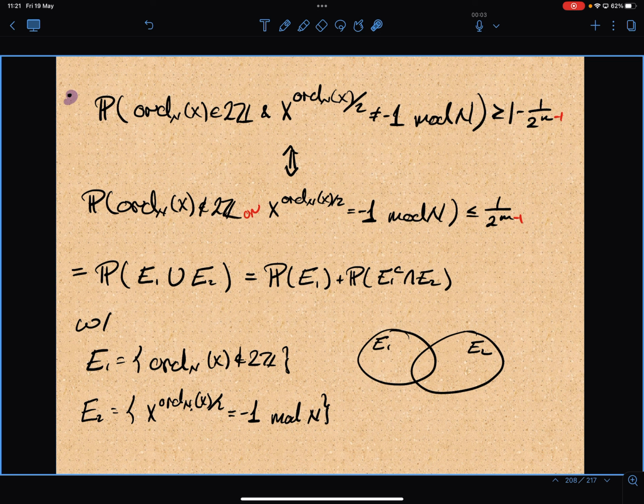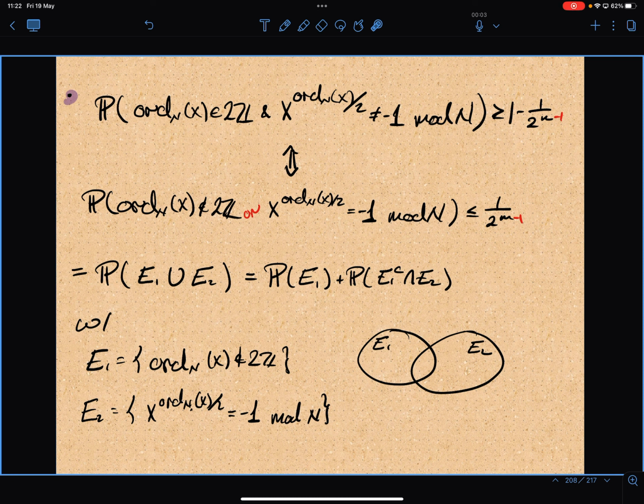So I have that E1 is equal to this event, and E2 is equal to this event. More precisely, the event E1 is that the order is not even, and the event E2 is that x to the order divided by 2 is equal to -1 mod n.